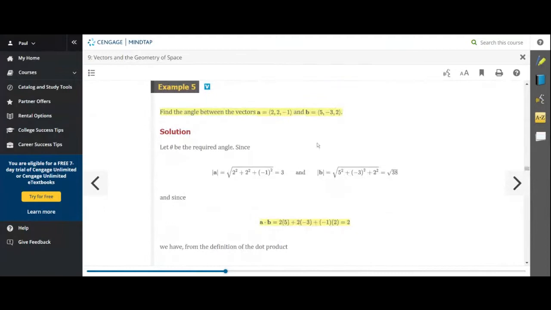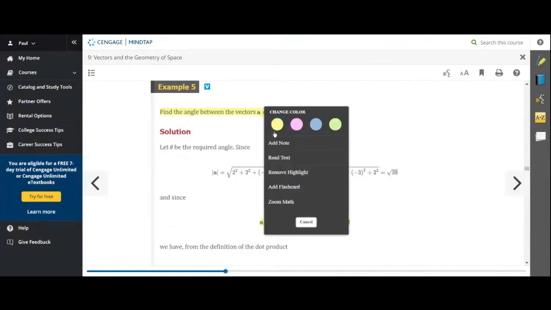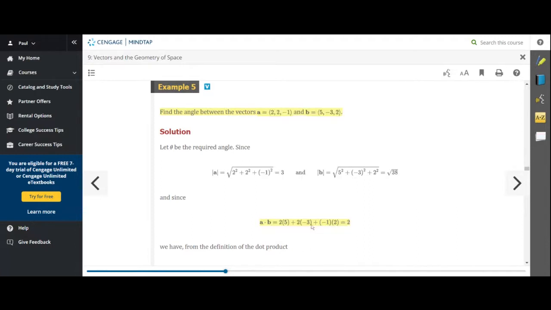And of course, sometimes you want to find the angle between two vectors, and you can use the dot product to help you. Like in example 5, they want you to find the angle between these two vectors, A and B. Well, you find the length of A and the length of B, which you know how to do, and then you compute the dot product of the two vectors using the component formula.